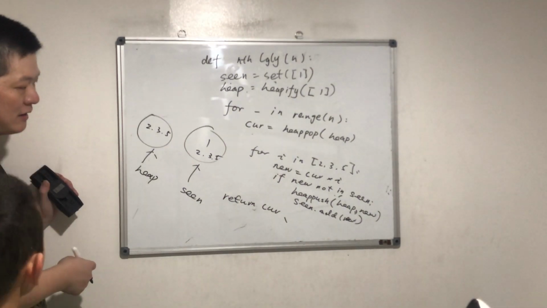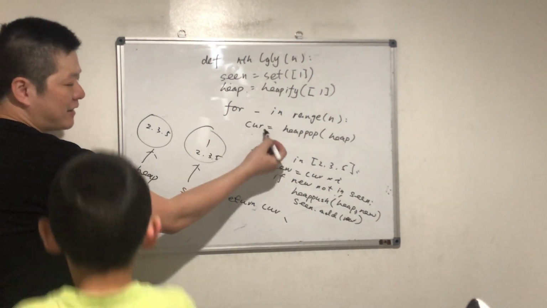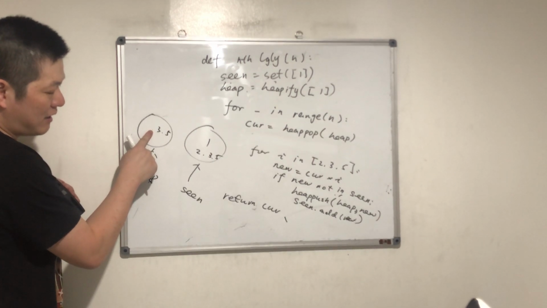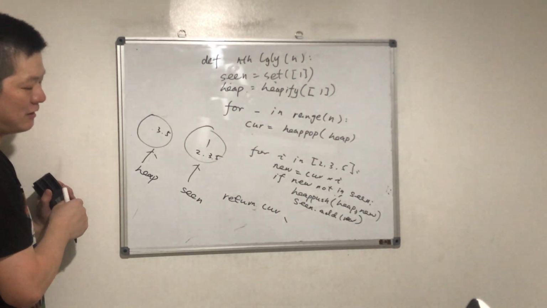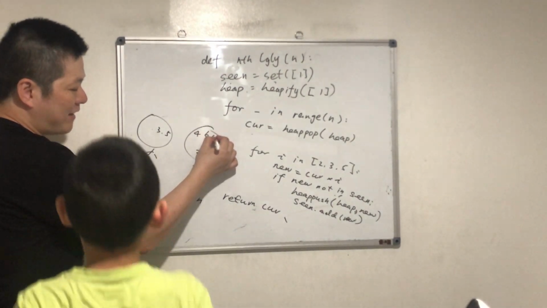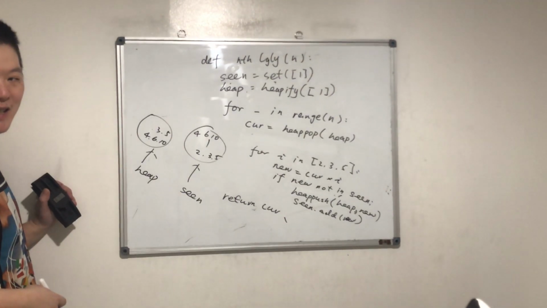So look, another iteration. Heap pop, take away 2 because it's the smallest. Multiply by 2, 3, 5, so it's 4, 6, 10, right? I put 4, 6, 10 in here as well. The next one is 3.